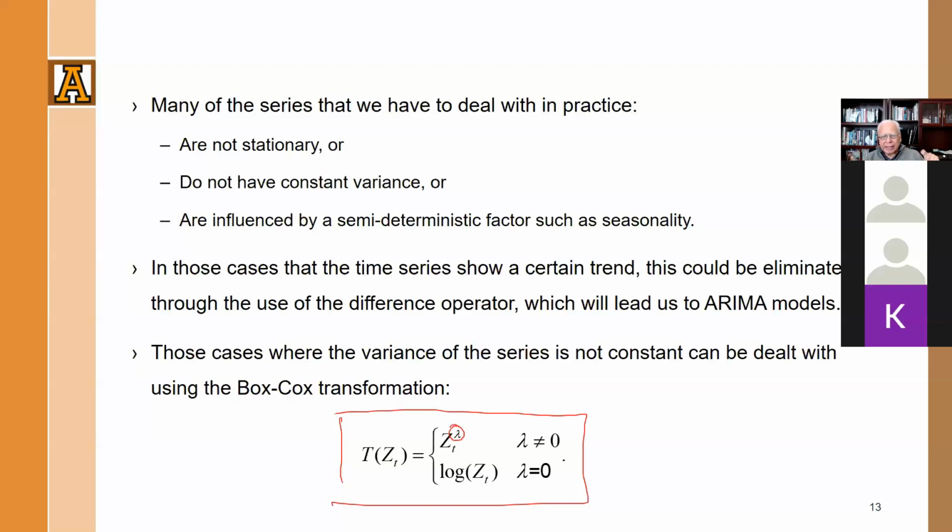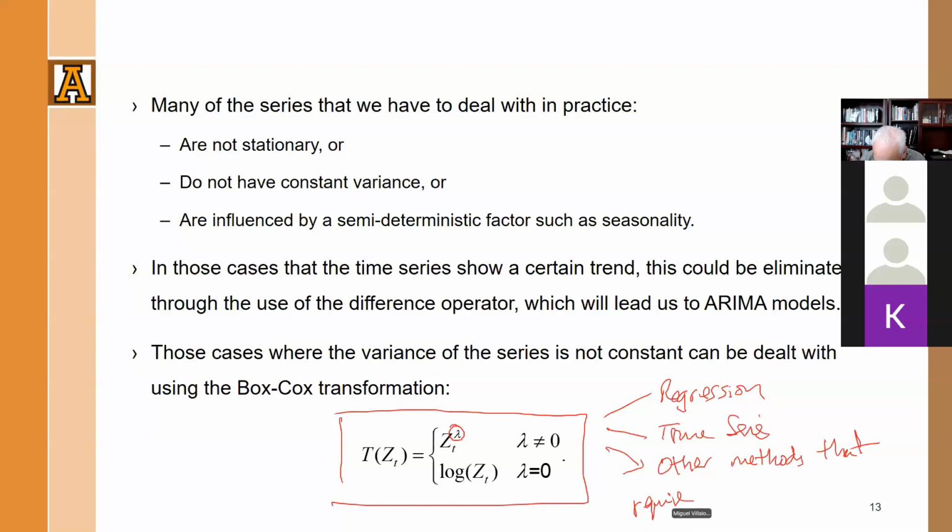The Box-Cox transformation is used in regression. It's used also in time series, and in general in other procedures that require normality.